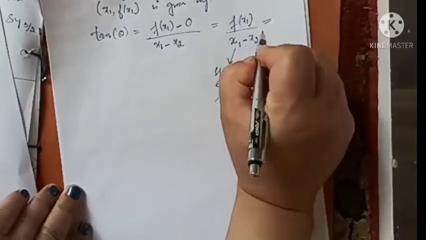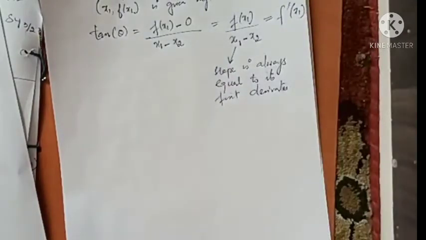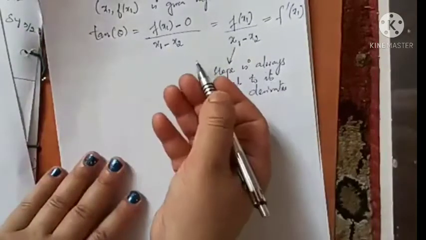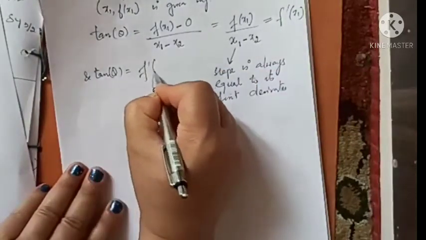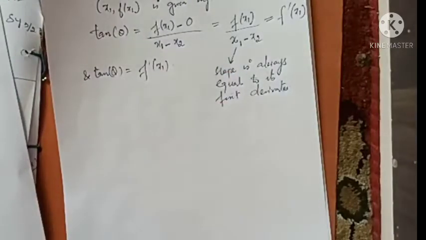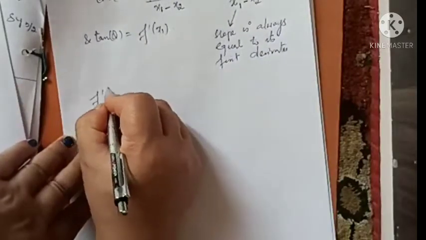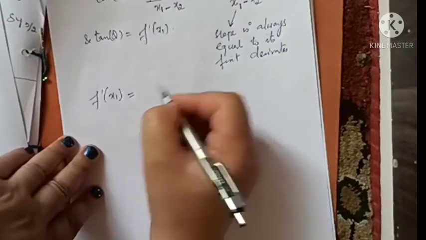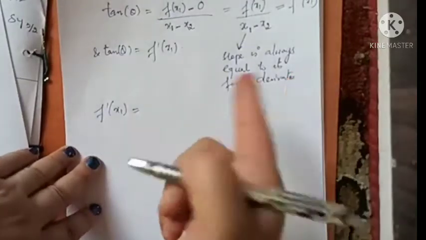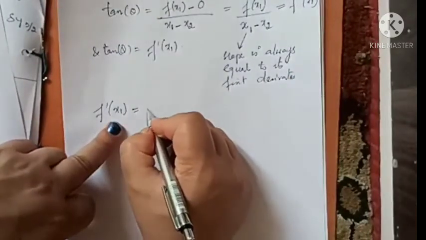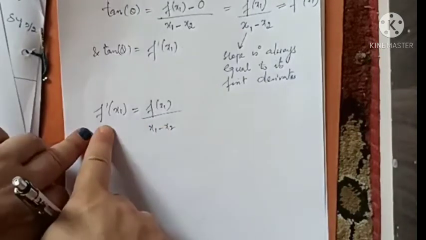We can make this equal to its derivative, and tan theta is also equal to its derivative. Equating both of them, we get f dash of x1 is equal to f of x1 divided by x1 minus x2, because slope is always equal to its derivative. Don't get confused, you can write it either way.